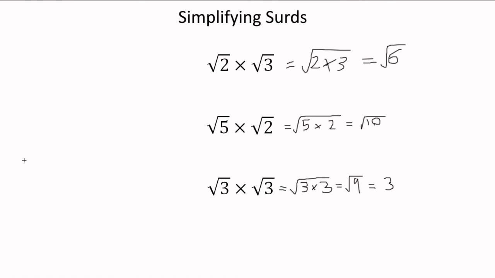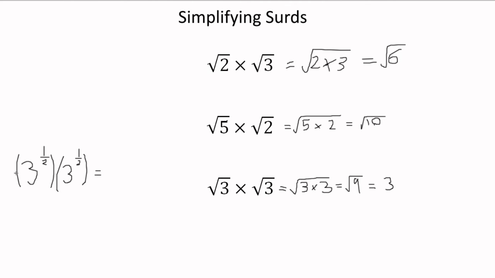So let's do 3 to the power of a half, because we know that to the power of a half is basically a square root. That's what that means. So 3 to the power of a half multiplied by 3 to the power of a half. We're multiplying the two halves together, basically.